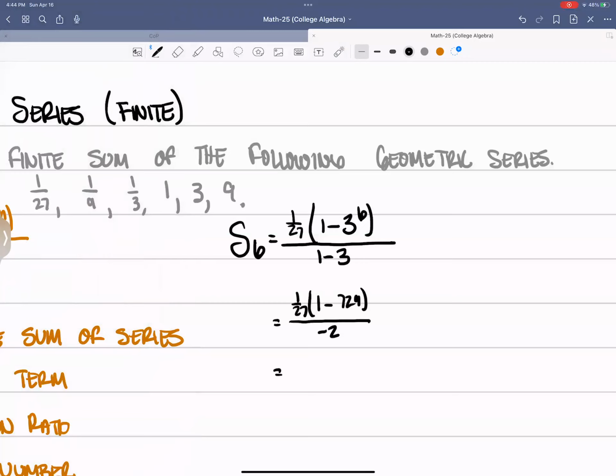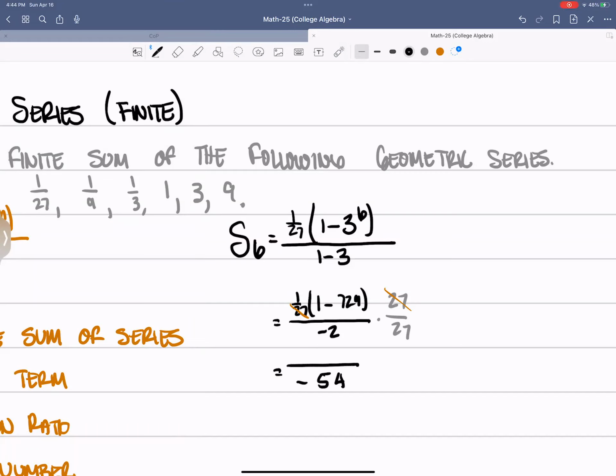To make this a little easier, I want to fix this, so let's multiply both top and bottom by 27. Over here, these two divide out. Down here, we have a negative 54.